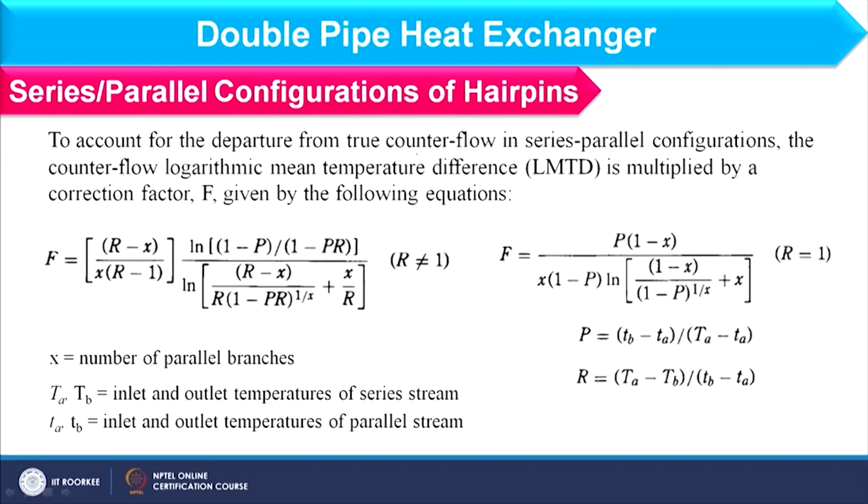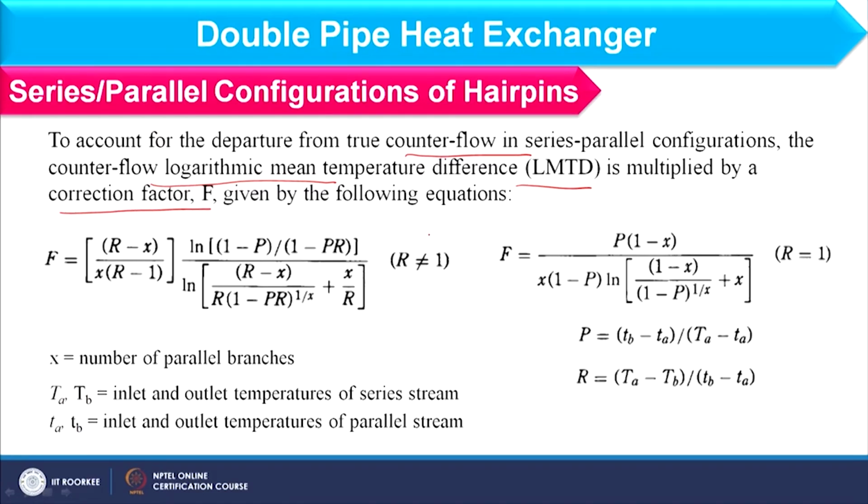So, when I am considering series or parallel configuration, how should I consider the log mean temperature difference? Let us discuss that. To account for the departure from counter current flow in series parallel configuration, the counter flow logarithmic mean temperature difference, that is LMTD, is multiplied by a correction factor.